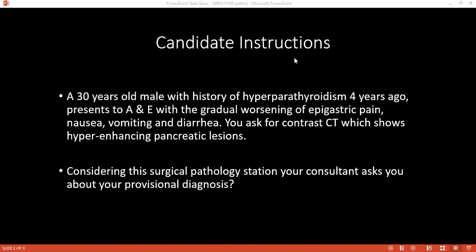Is there any tumor in the islets of Langerhans or pancreas? What are the biochemical tests that can be done to confirm this diagnosis? If you can mention a few. Biochemical tests we can do like serum glucose, then high level of insulin, insulin to glucose ratio, and insulin resistance test.